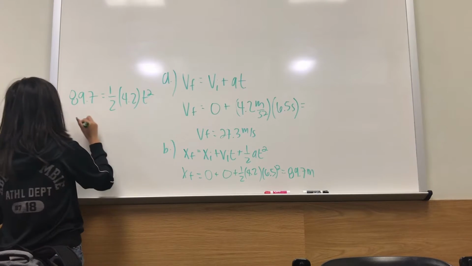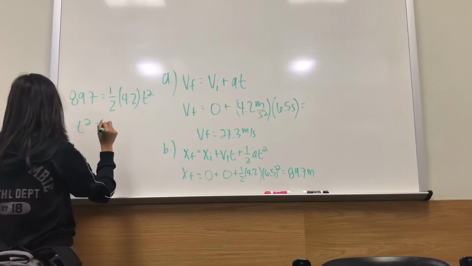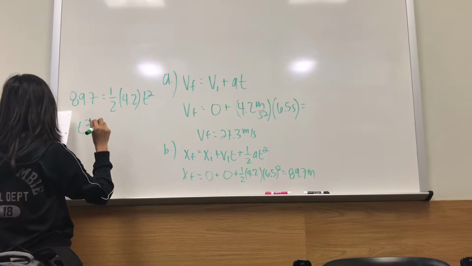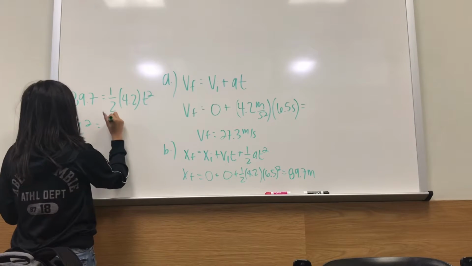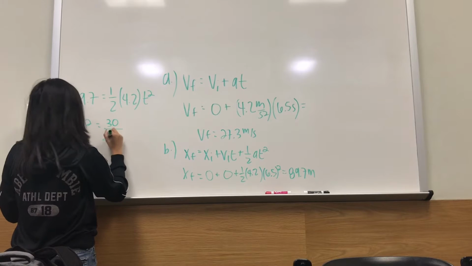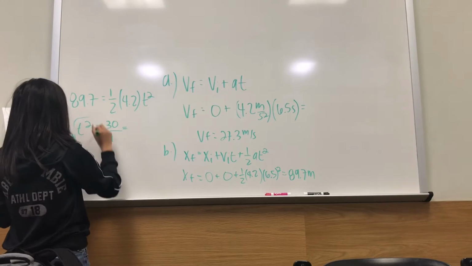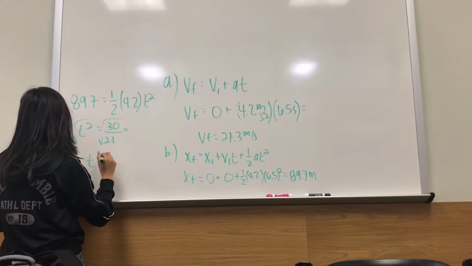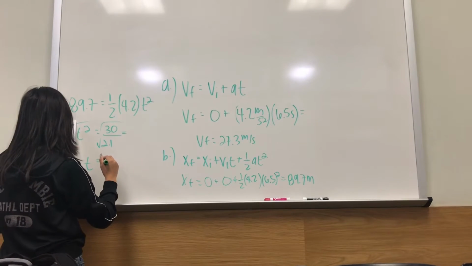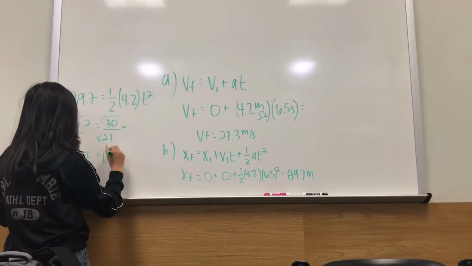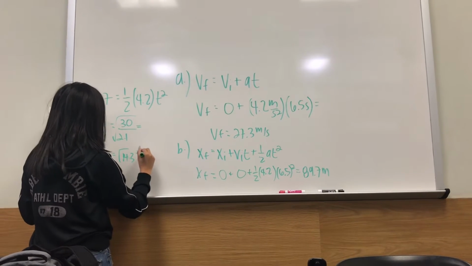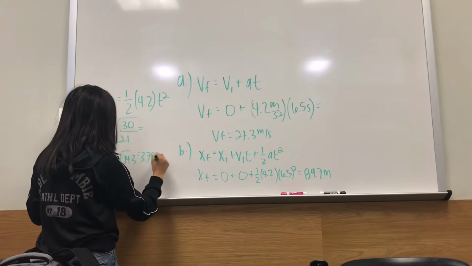So when you solve for that, you should get 30 over 2.1. And so you have to square root that to find just t, and that should be the square root of 14.3, which is just 3.78 seconds.